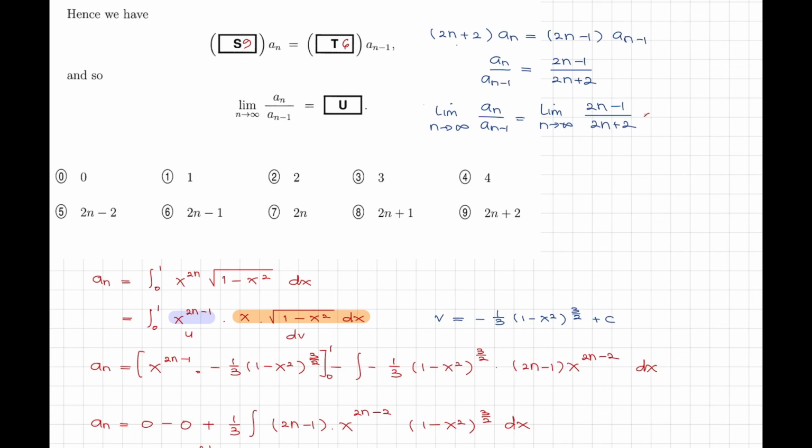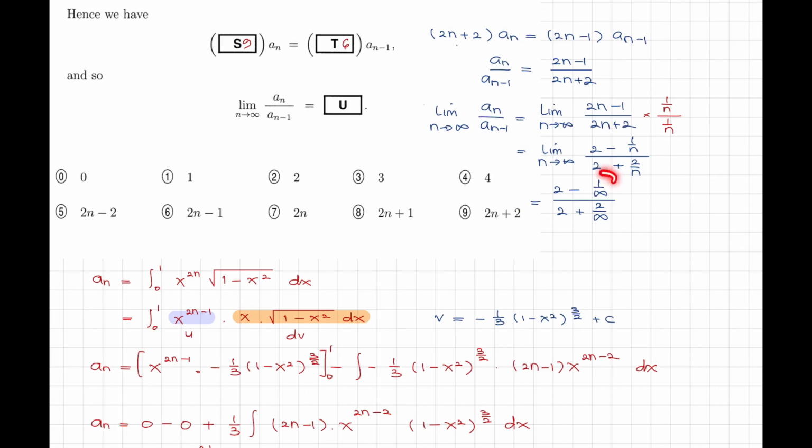If I multiply it by 1 over n over 1 over n, I will get limit n approaches infinity, 2n times 1 over n is 2 minus 1 over n over 2 plus 2 over n. And then if I substitute infinity into n, I will get 2 minus 1 over infinity over 2 plus 2 over infinity.